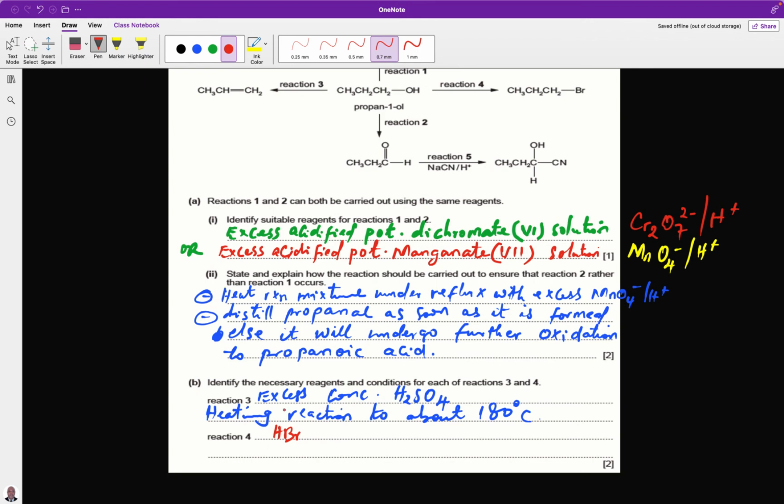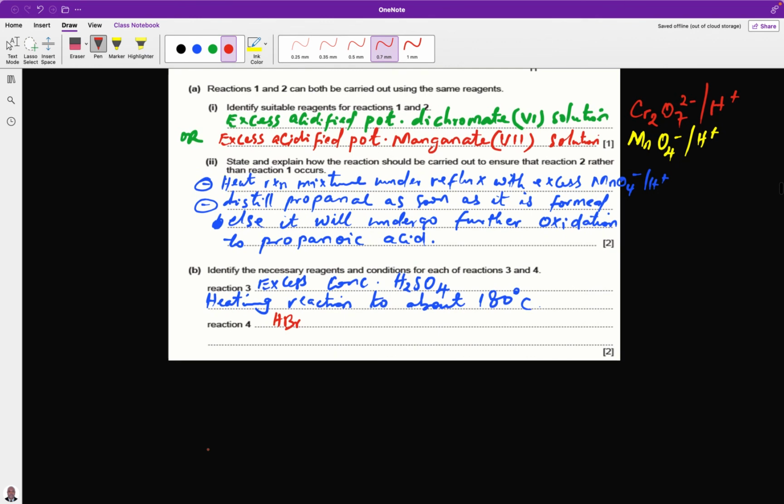Hydrogen bromide is reacted with propan-1-ol to form bromopropane.